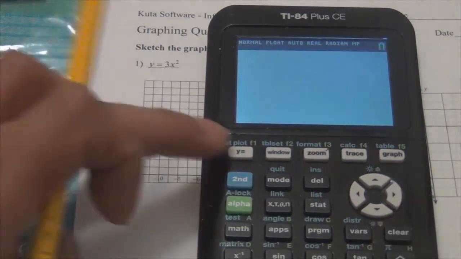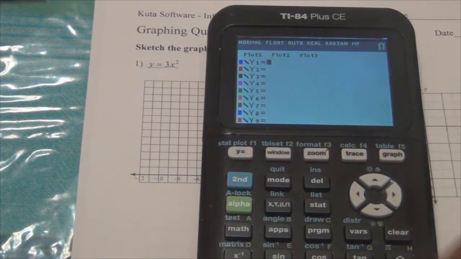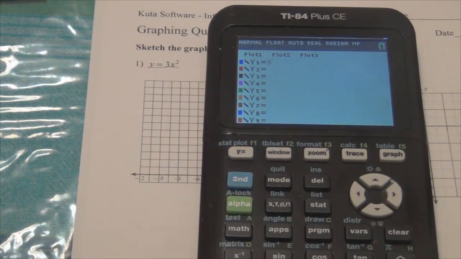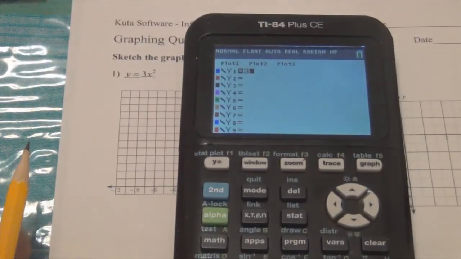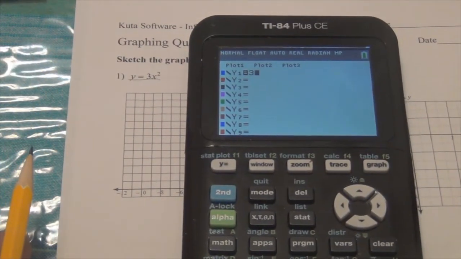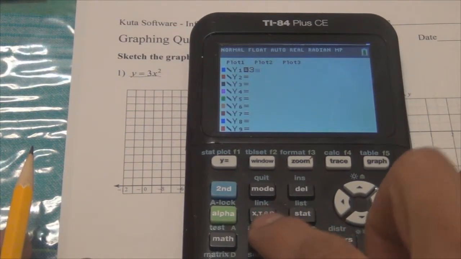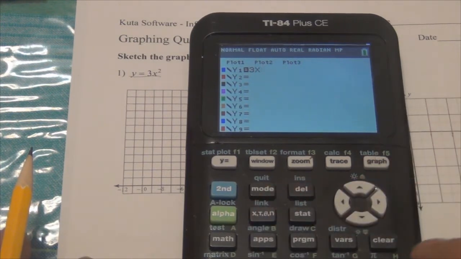I'm going to clear. I'm going to go to y equals. Okay. I'm going to clear this. And now I am going to press the following keys. So 3, and then the x is right here next to the alpha key. 3x. Okay.